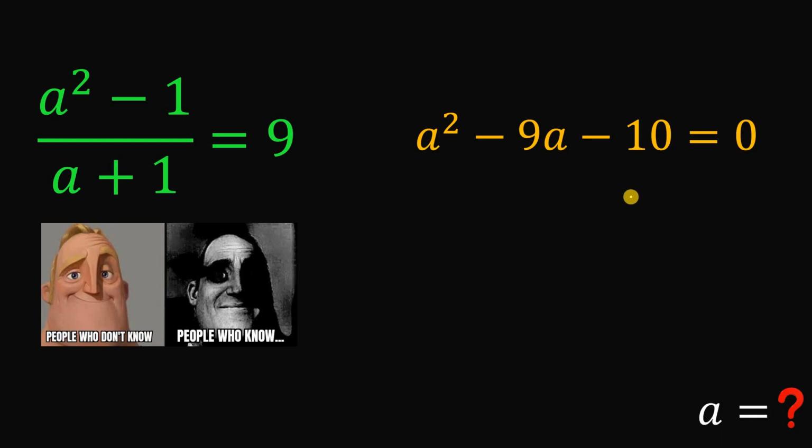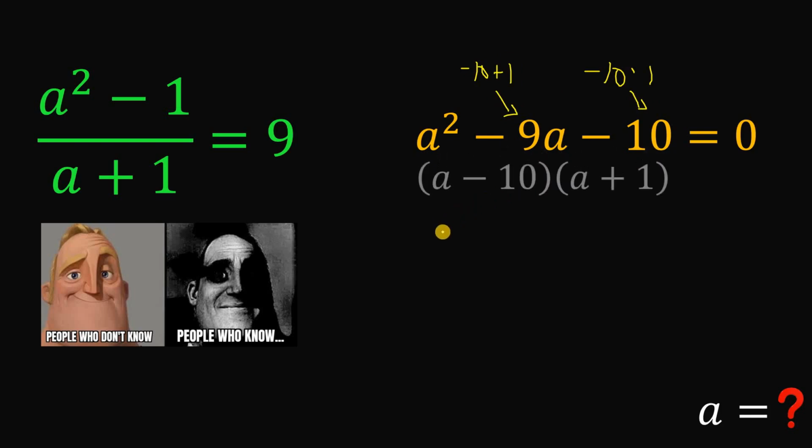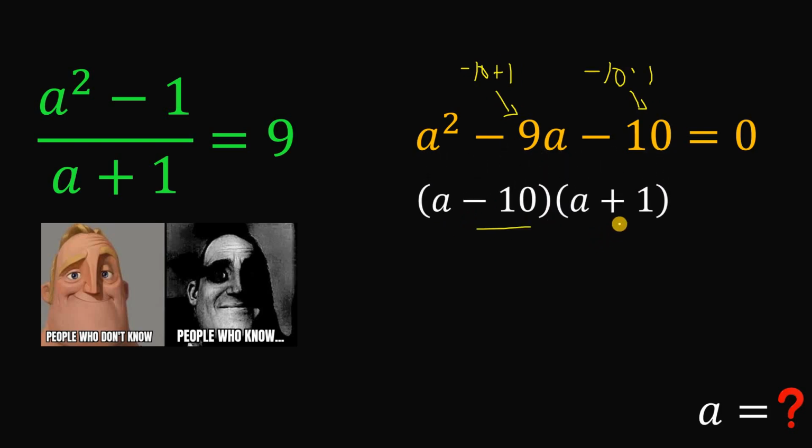So now what we're going to do here is to factor this. And notice that if we multiply negative 10 times positive 1, we get negative 10. And if we add the negative 10 and positive 1, we get the negative 9. So we can factor this quadratic equation as follows. We have a minus 10 multiplied by a plus 1.